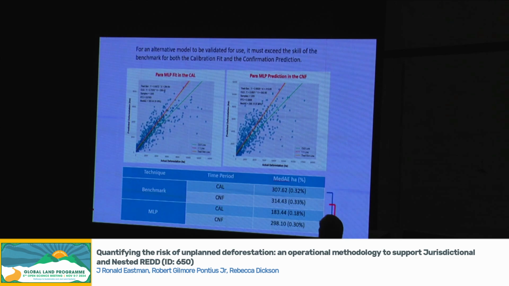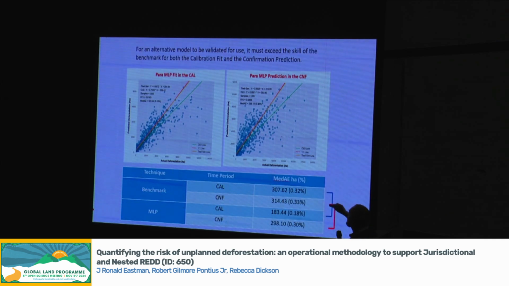But if we now compare the median absolute error from the benchmark, 307, to the MLP model for the calibration period, that's the fit period, it drops down to 183. So lower is better, right? So that's a much better model. So it beats the benchmark at that point.